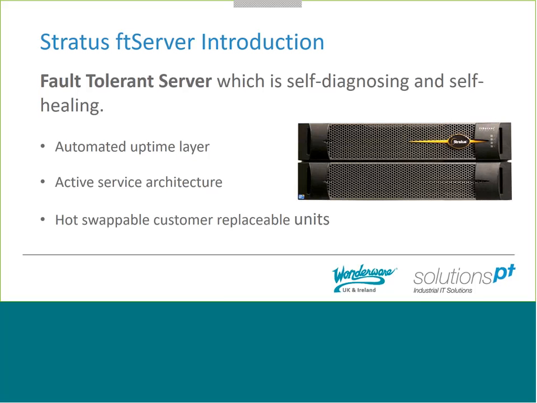So you don't really need a skilled IT person to be able to swap these over. Pull one out, put the other one in, and the system will automatically bring itself up to speed without any degradation of performance.